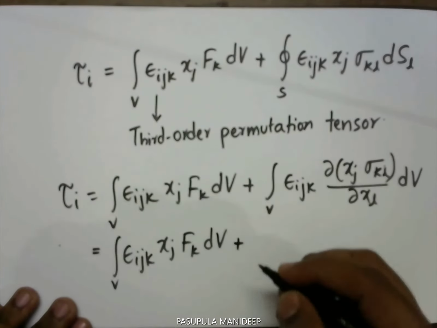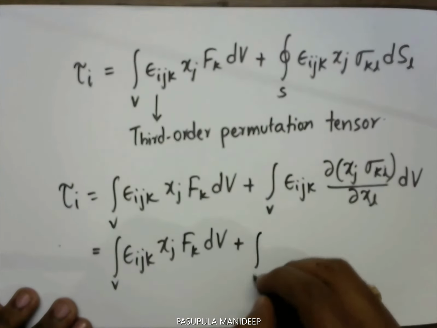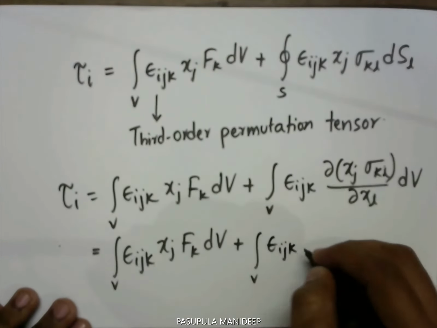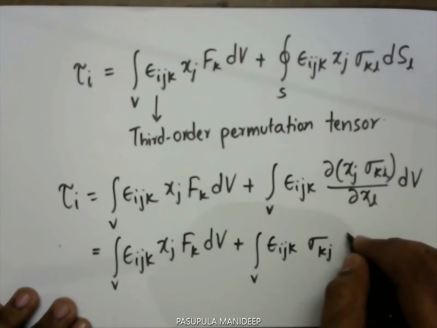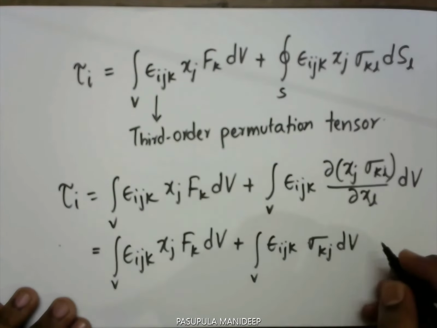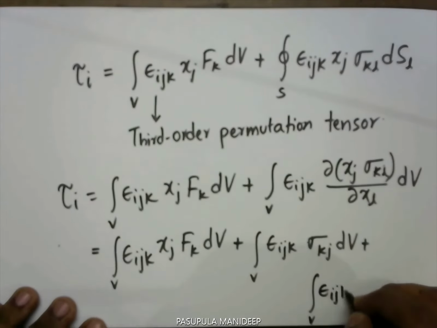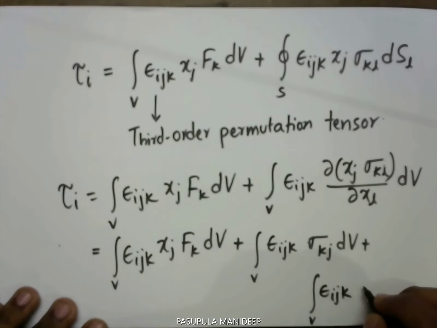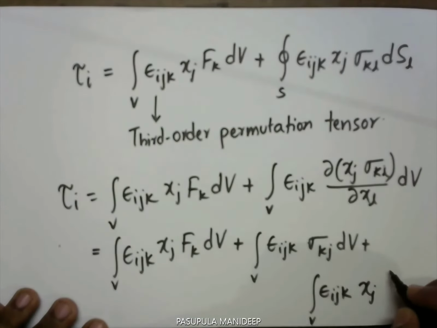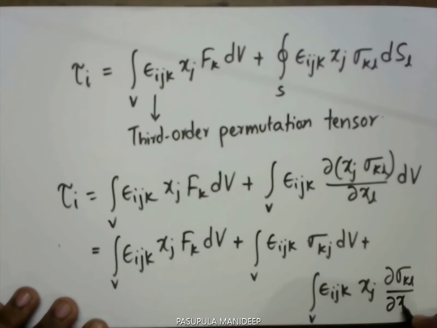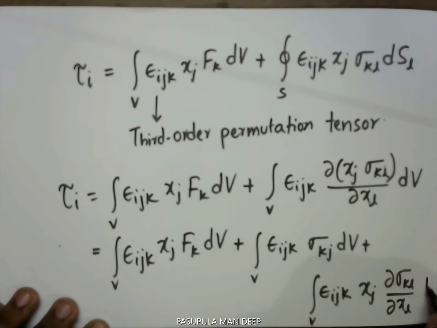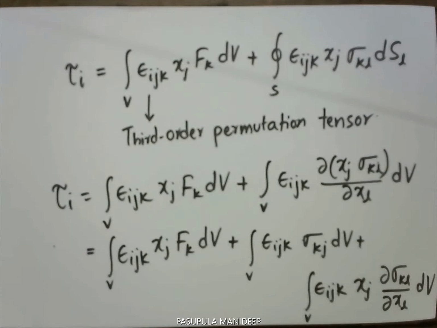This gives epsilon ijk times xj fk dV, plus the volume integral of epsilon ijk sigma kj dV, plus the volume integral of epsilon ijk xj del sigma kl by del xl dV, right?